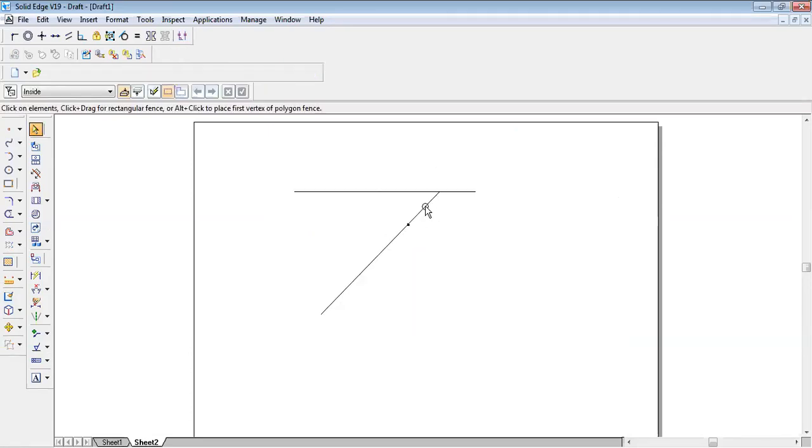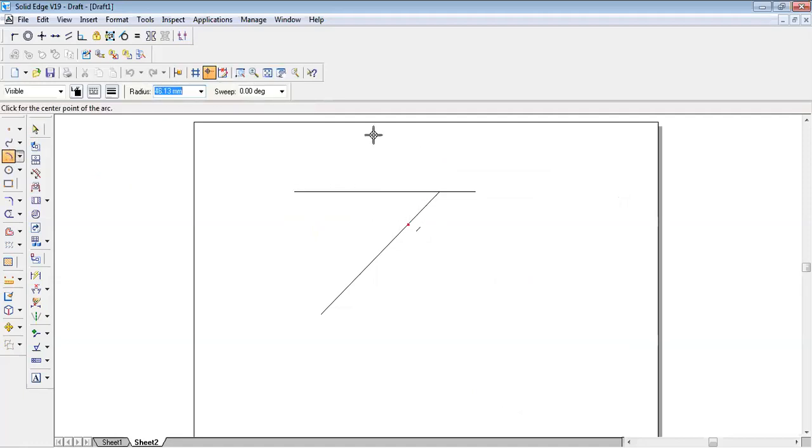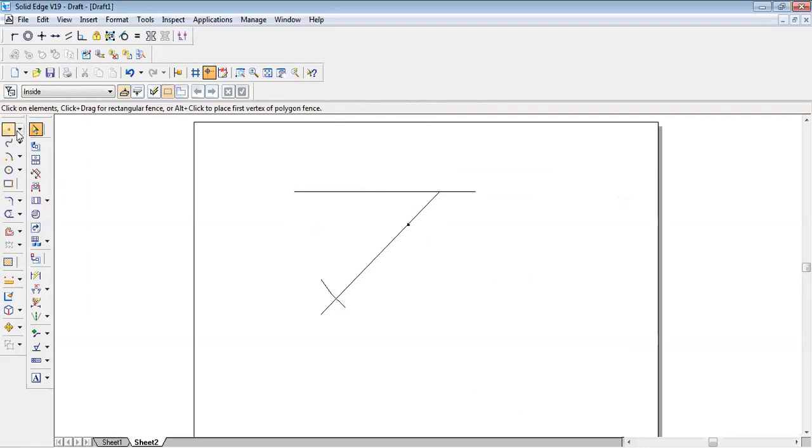65 mm. You take the arc by center point. Draw an arc of length 65 mm. Cut an arc here. Okay, it should be thin. Then draw one line here.